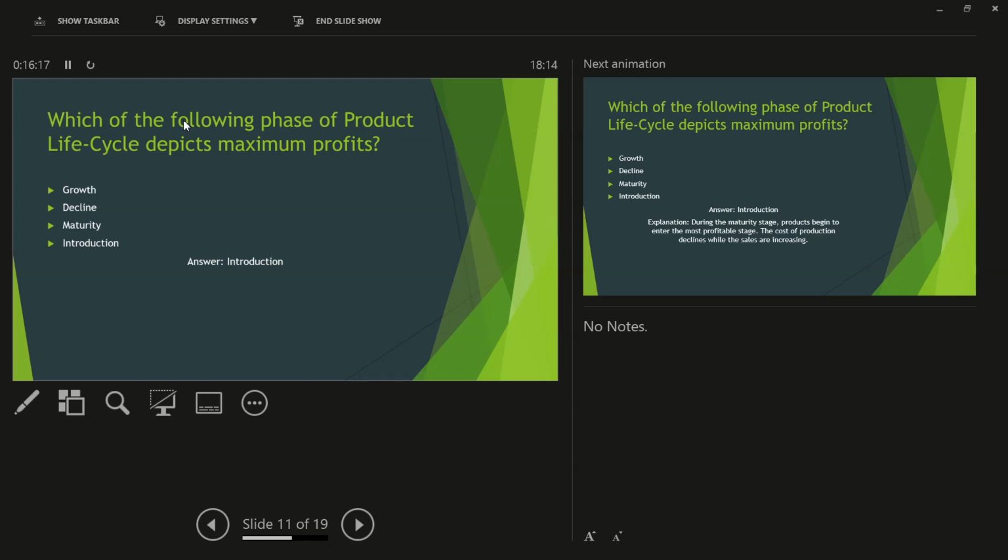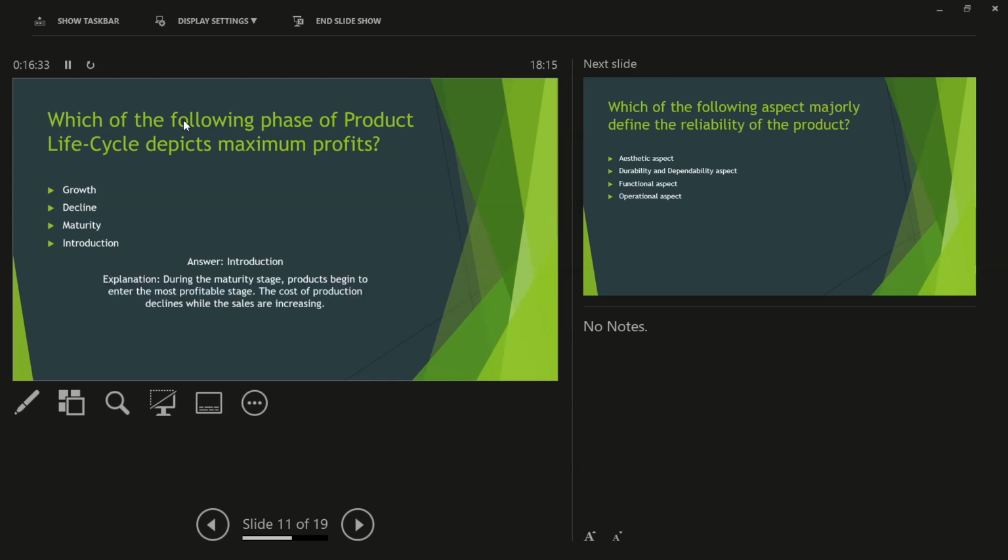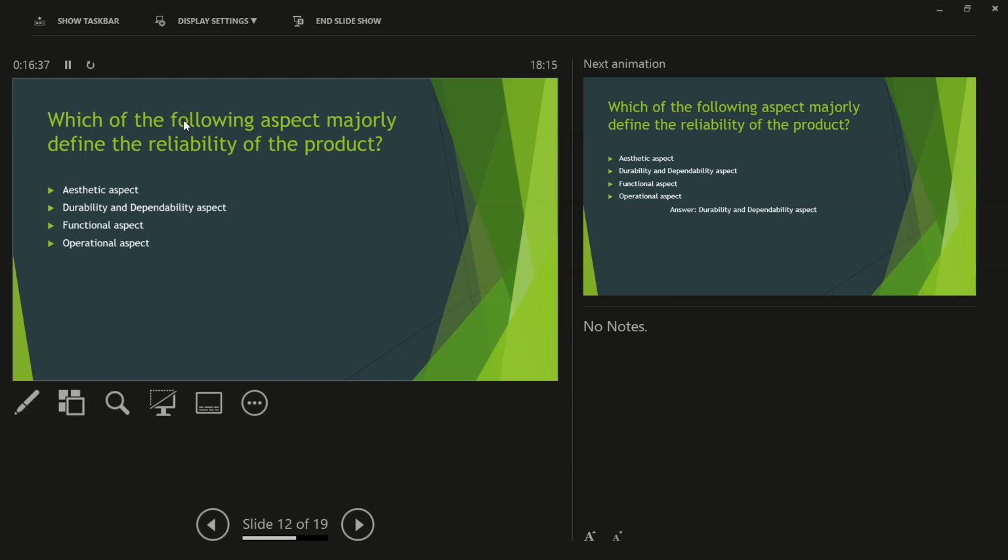Okay. So yes, exactly, and we also have reached a state where our product is mass manufactured. So also that is decreasing our cost of production as we increase our sales. So yep, the maturity phase is where we incur the maximum profits.